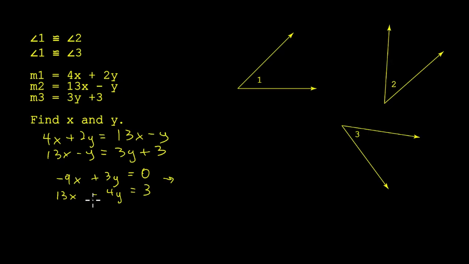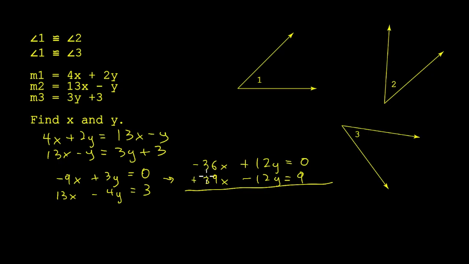Now, to get this ready for elimination, we're going to multiply the top equation by 4 and the bottom equation by 3. So multiplying the top by 4, we get negative 36x plus 12y equals 0. And now multiplying the bottom equation by 3, we get 39x minus 12y equals 9.